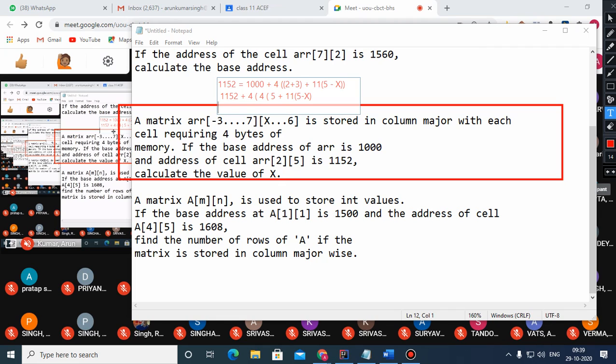By mistake, sorry children, I have missed one thing. It is equal to 1000. Now you can easily solve this.